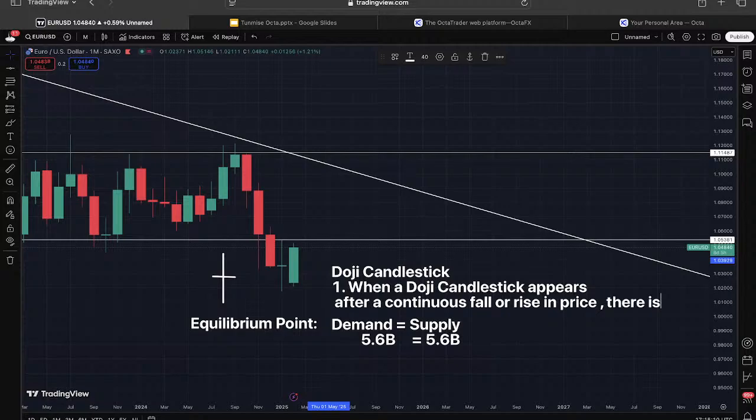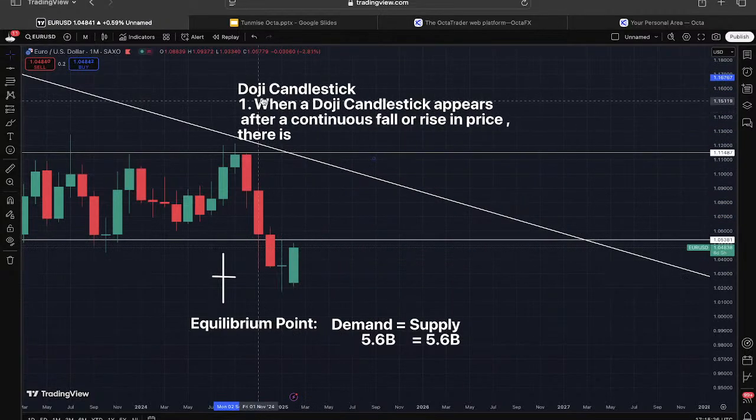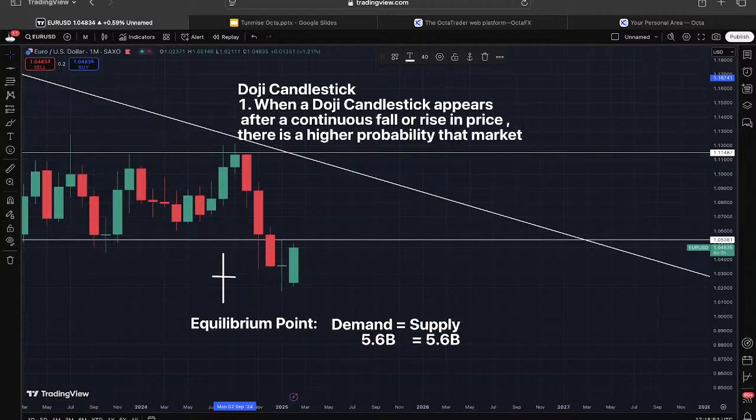there is a higher likelihood, let's say there's higher probability, that market would reverse.